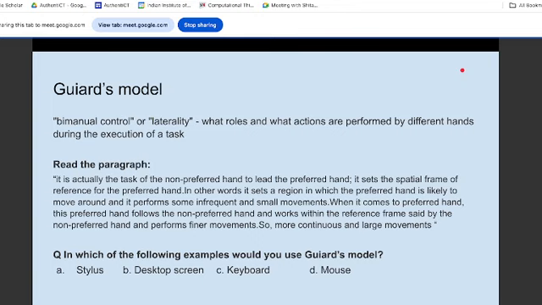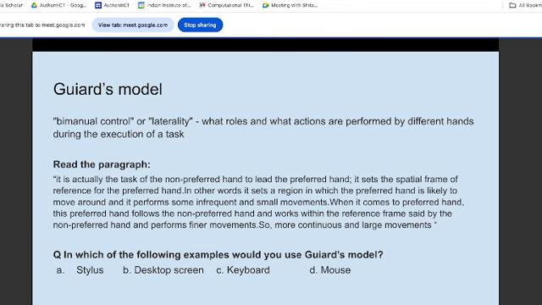If we read the paragraph, it is actually the task of the non-preferred hand to lead the preferred hand. So the non-preferred hand is also doing some cognitive action, which is very useful for the preferred hand. It is a kind of guiding for the preferred hand. It sets the spatial frame of reference for the preferred hand. In other words, it sets a region in which the preferred hand is likely to move around, and it performs infrequent and small movements within those.